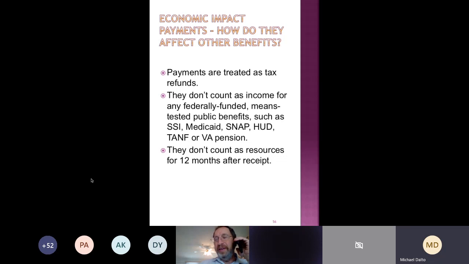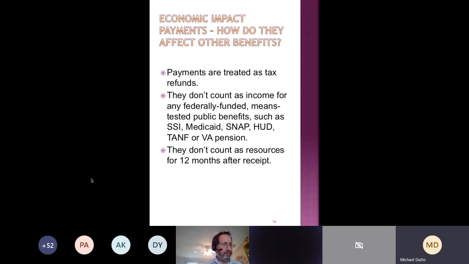So in other words, the economic impact payments won't count as income for any of those benefits, won't affect them at all, won't reduce them, won't cause those benefits to stop. And the economic impact payments won't count as resources or assets for 12 months after they've been received. Many of you know that many benefits have limits on resources, assets, bank accounts, things like that.